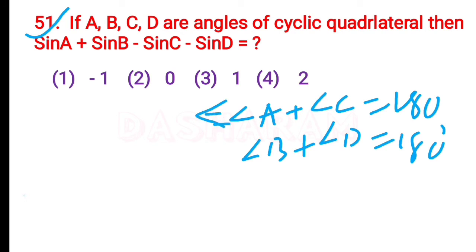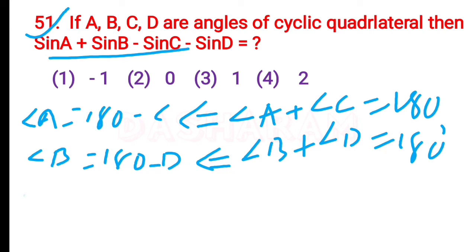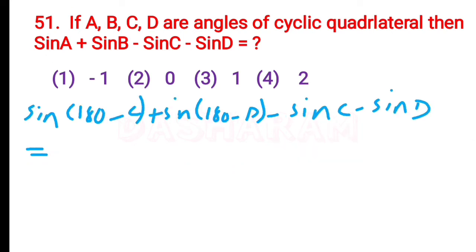From this, angle A value will become 180 minus angle C, and angle B equals 180 minus D. Substitute these values in this. So here I substituted angle A and angle B values.